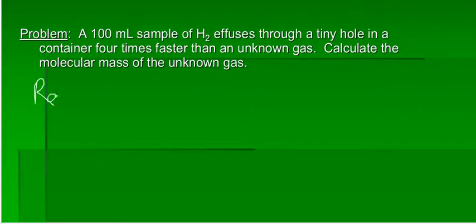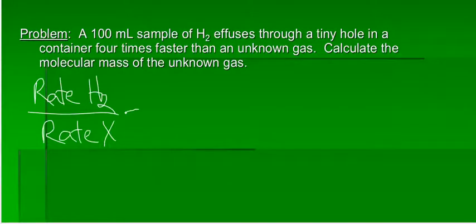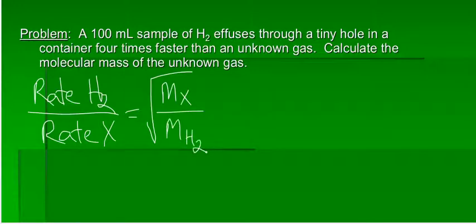Rate of H2 over rate of my gas X, we'll call it. Inversely proportional, so the molar mass of gas X goes up here. The molar mass of hydrogen goes down here. I know hydrogen effuses 4 times as fast, so I'll say 4 over 1 is equal to square root of Mx over the molar mass of hydrogen, which is 2.